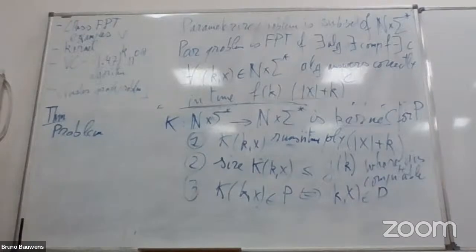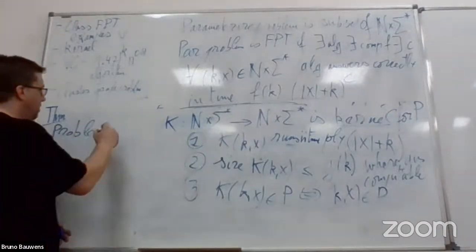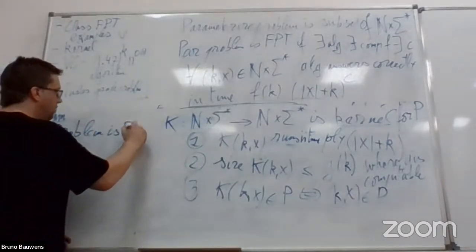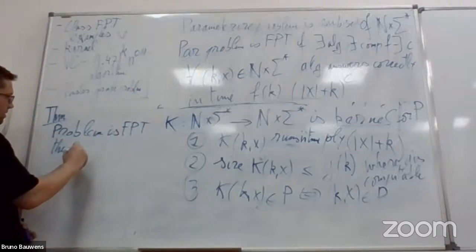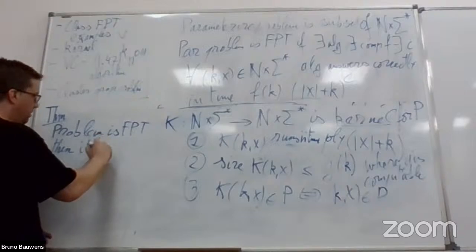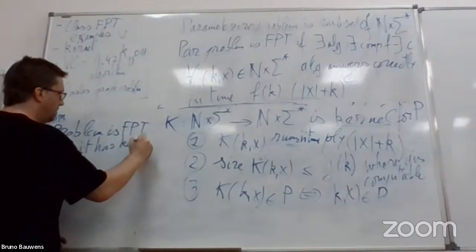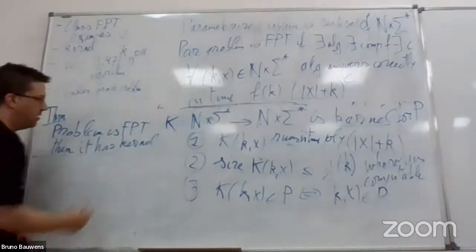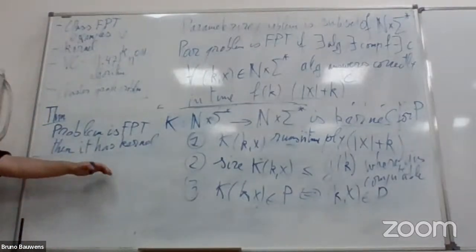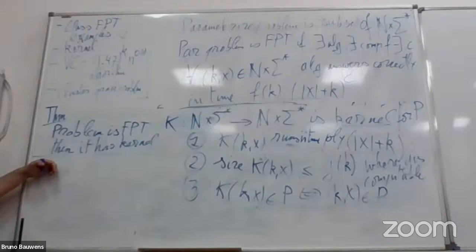You should think about which direction is easy. If it has a kernel, then it is FPT. That's the easy direction.